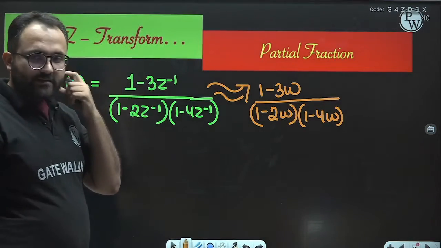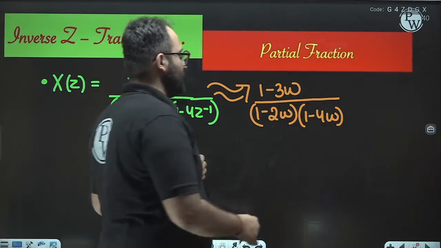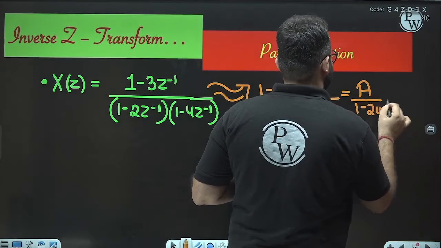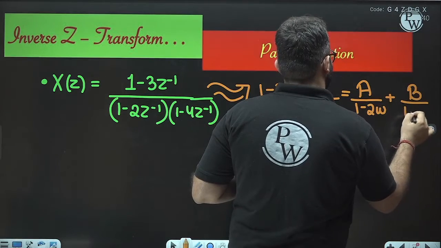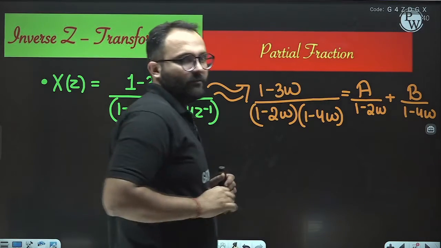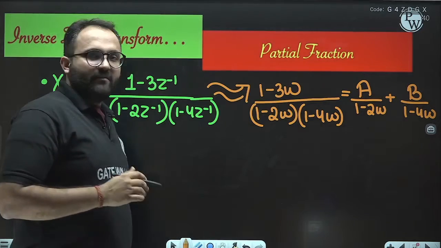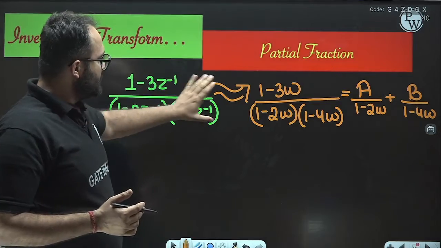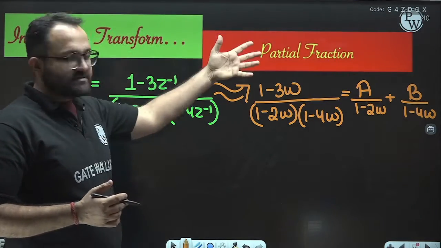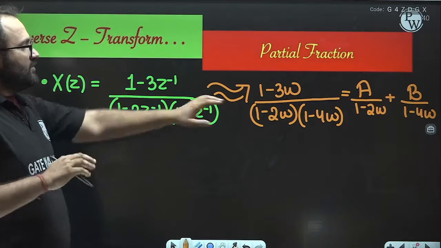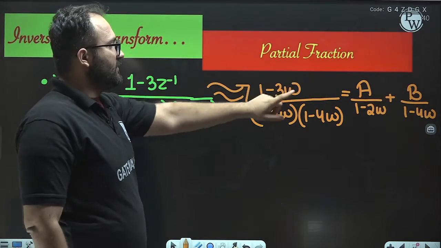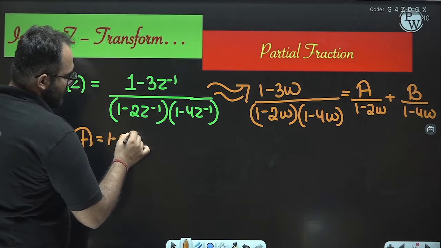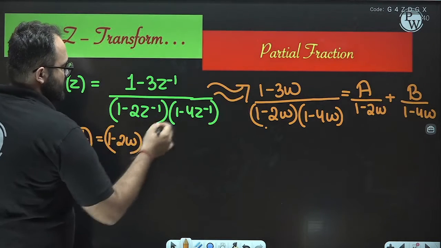Now we take the partial fraction of this. The partial fraction will be a upon 1 minus 2w plus b upon 1 minus 4w. Now we have to find a and b. We know the method. Just remember the step that we have replaced z inverse by w, and now w is a variable for us. So a is equal to 1 minus 2w multiplied by this function.